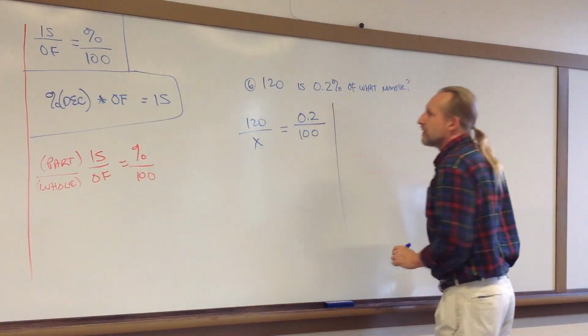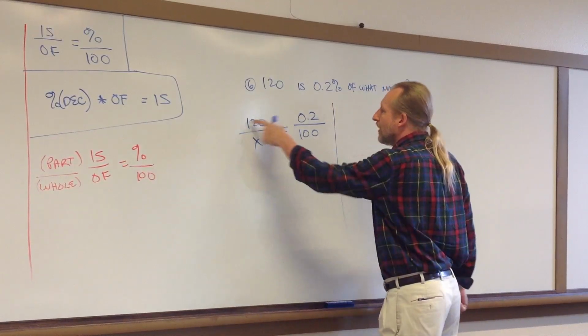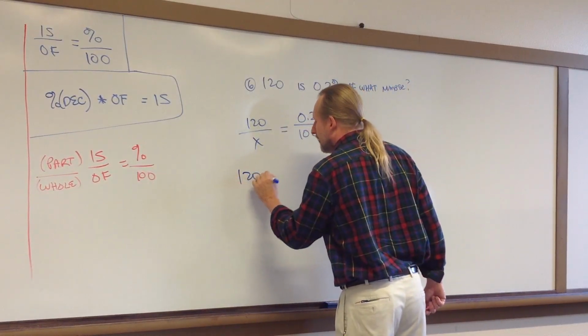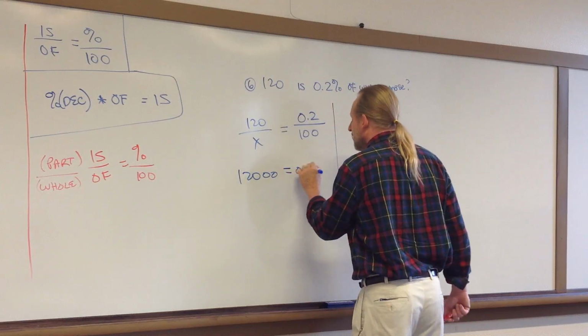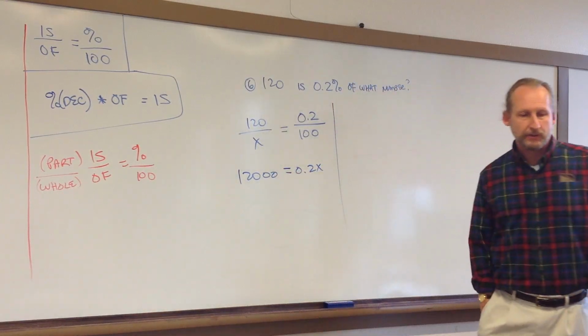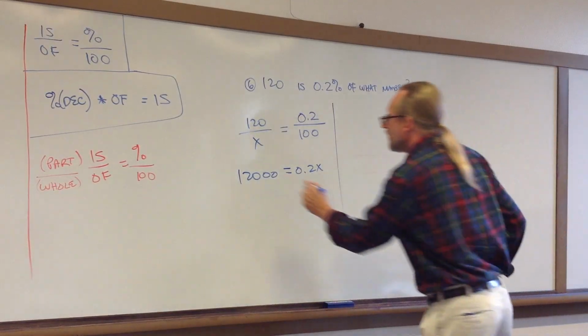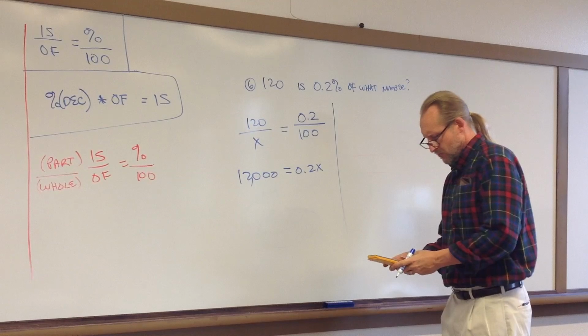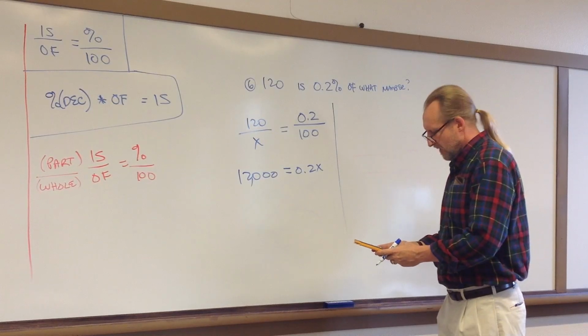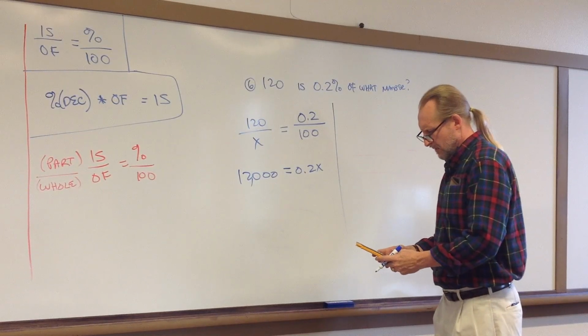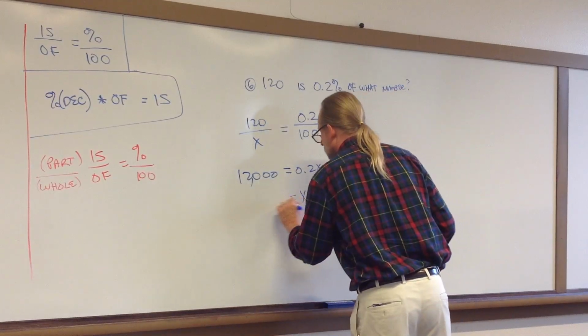But we'll see that in a minute. So here we do 120 times 100, and over here equals 0.2x. And so now we want to do 12,000 divided by 0.2. And that comes out to be 60,000.